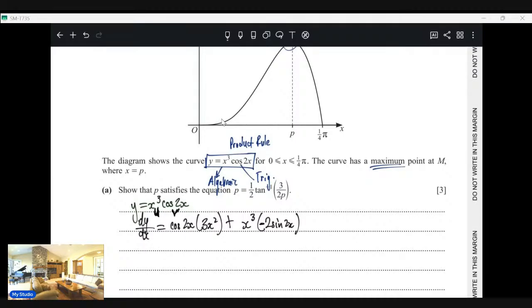So there we go. Now we have everything. And what we know is that this is our dy dx. Let's first finish. This becomes 3x squared cos 2x, then minus 2x cubed sine 2x.